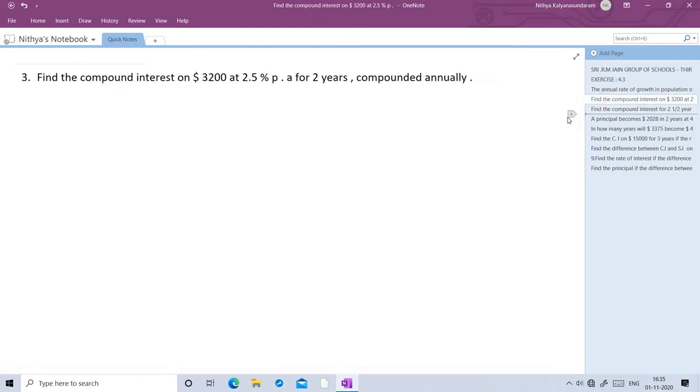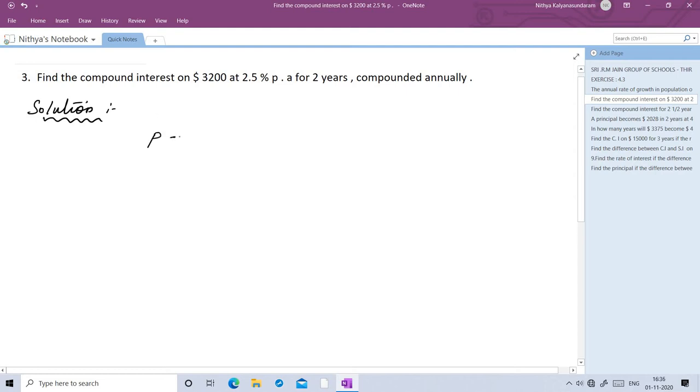Next question: find the compound interest on rupees 3,200 at 2.5% per annum for 2 years compounded annually. So the principal is 3,200, R is 2.5%, N is 2 years. Same here, we want to find the compound interest.